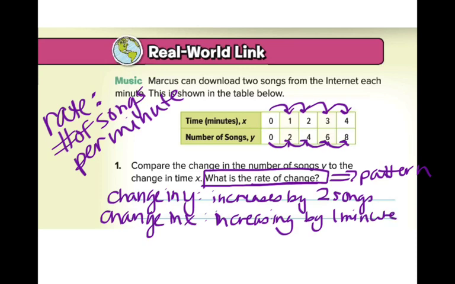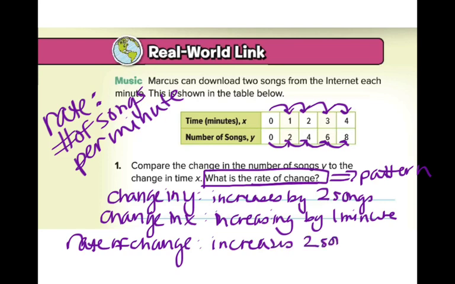Okay, so my rate of change would be increases 2 songs per minute. So we look at our Y change first, then we look at our X change.